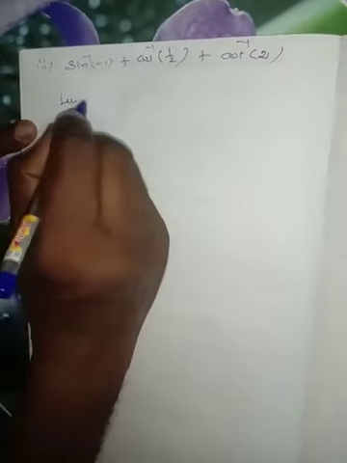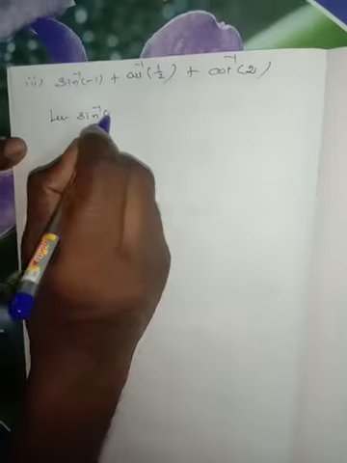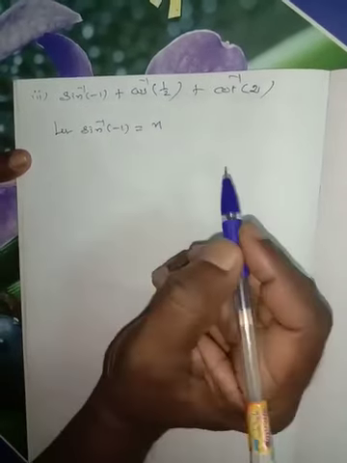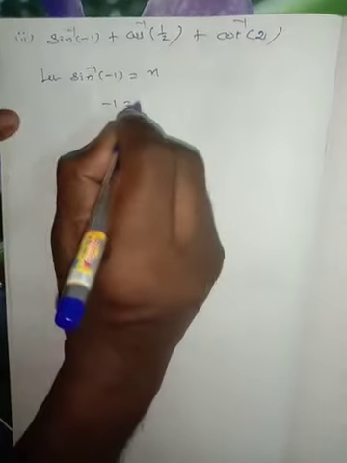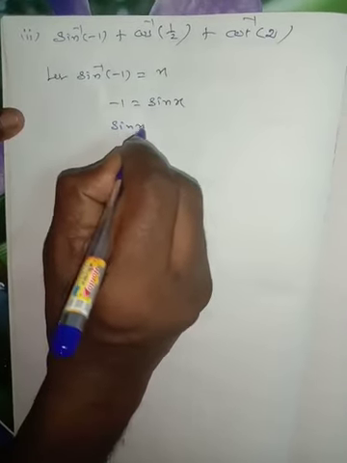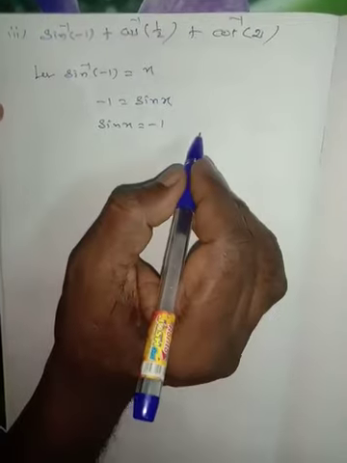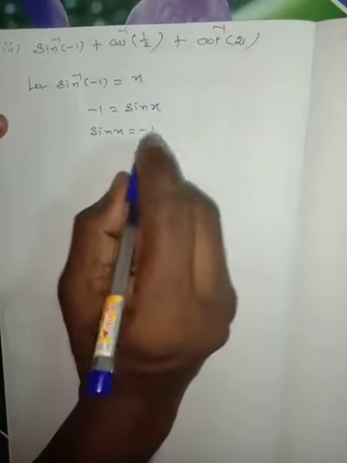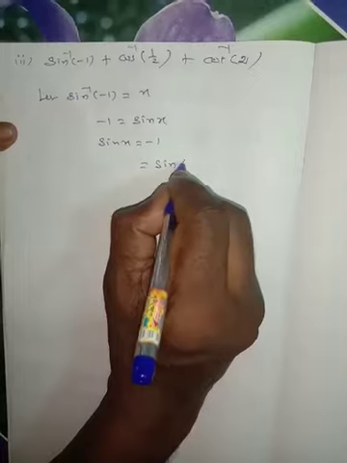Let sin inverse of minus 1 is equal to x. Minus 1 is equal to sin x. Sin x is equal to minus 1 implies sin of minus pi by 2.